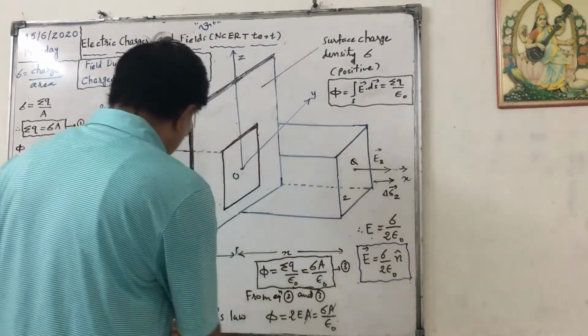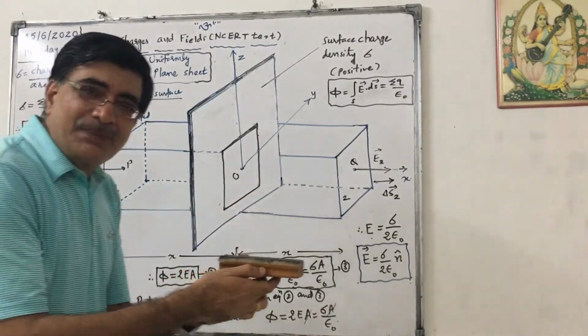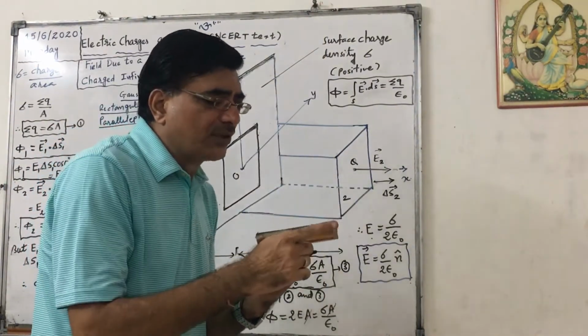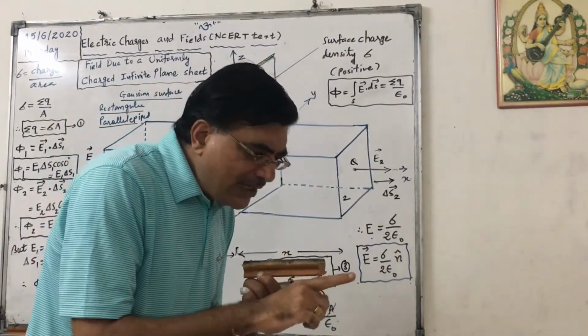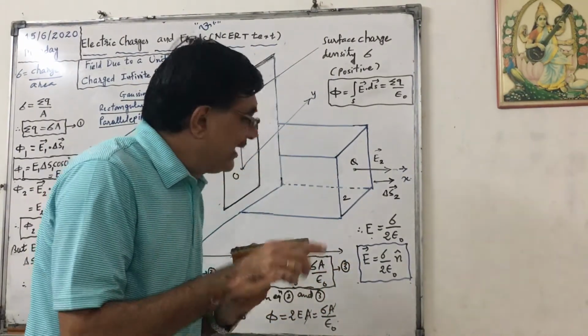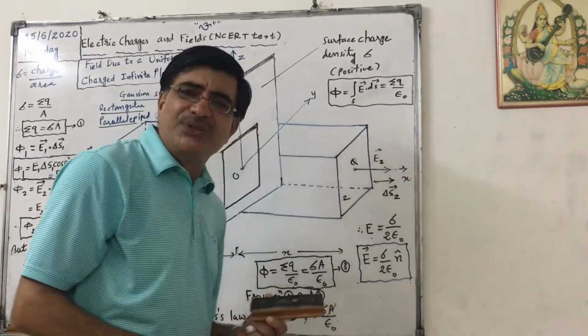This Gaussian surface is like this, and the plane we considered is here. Surface 2 has surface area delta S2, and the electric field is in the same direction, vector E2.